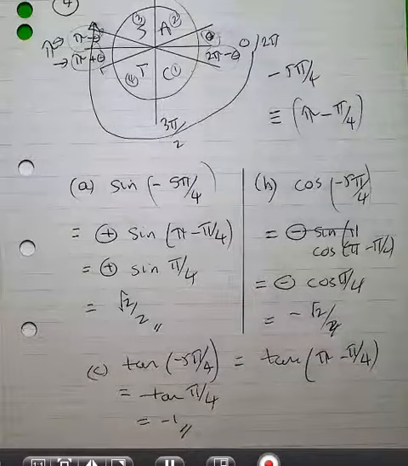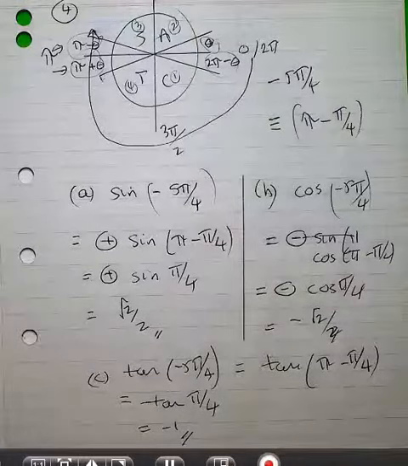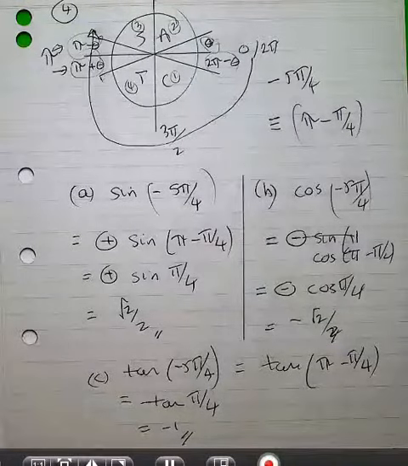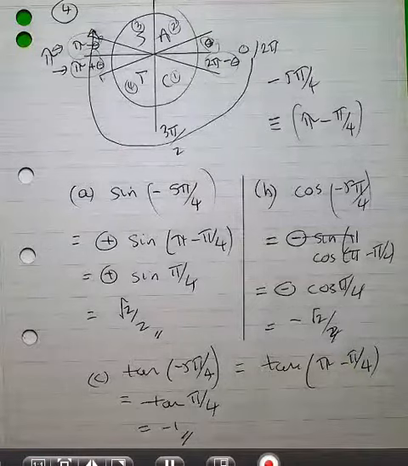Make sure you've got the right ratio sign, positive or negative, for that quadrant, and try and relate the angle to one of the standard ones that we work with, the pi on 6, the pi on 4, the pi on 3, etc.